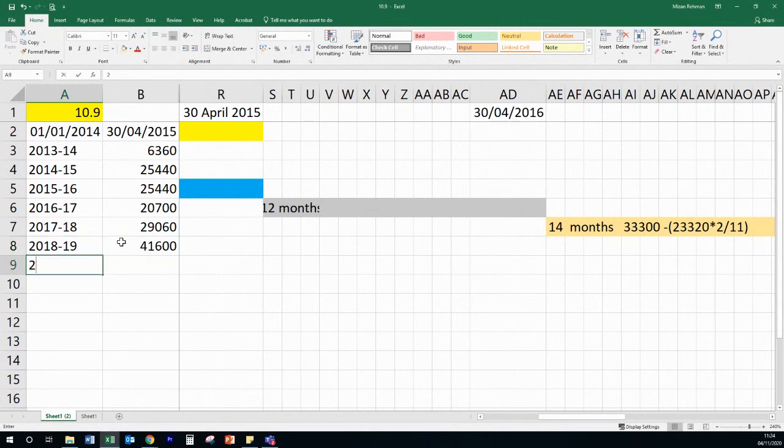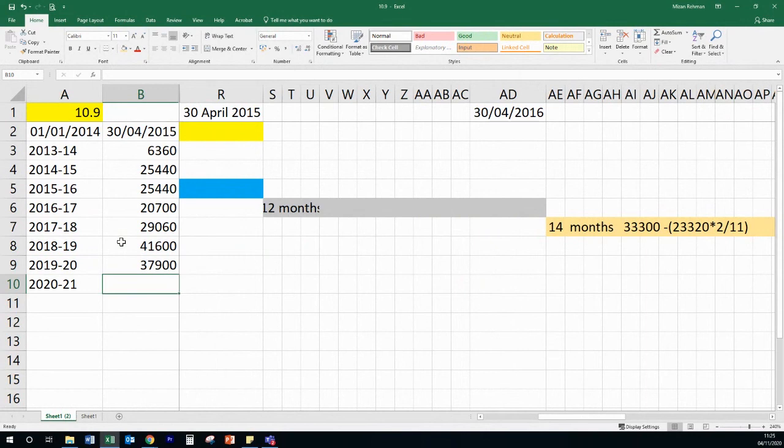And then we have 2019 and 20. Again, full year's profit, 37,900, as given in the book. Now we come to the last year, which is this current year, 2020 and 21. Now what he does is that he ceases trade.